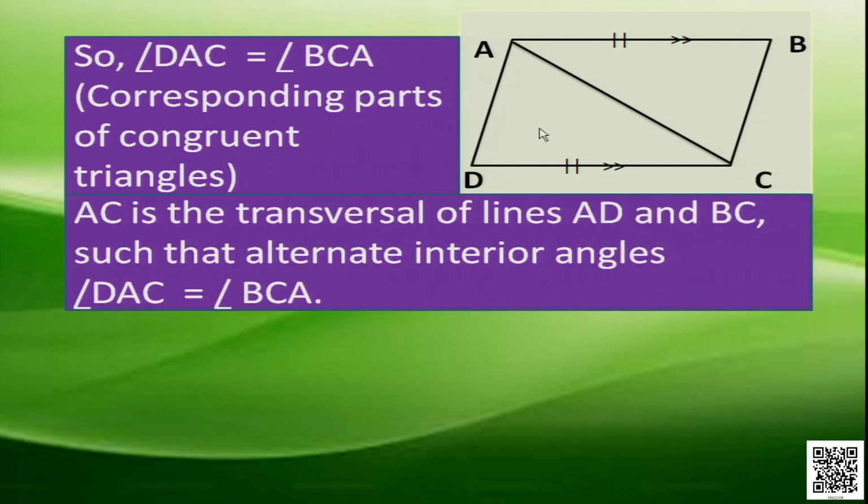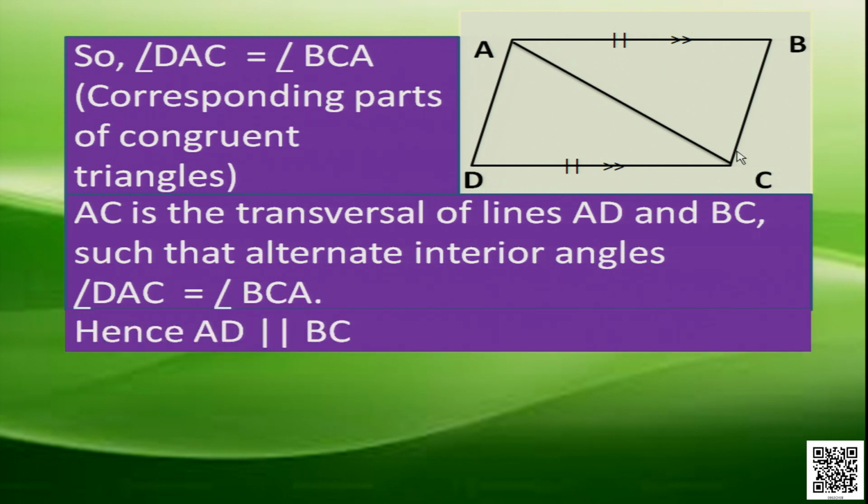If we consider AC as the transversal and AD and BC are the lines, then DAC and BCA are alternate interior angles. And we proved that DAC is equal to BCA. So if the alternate interior angles are equal, then these two lines AD and BC are parallel. So we proved that AD is parallel to BC.